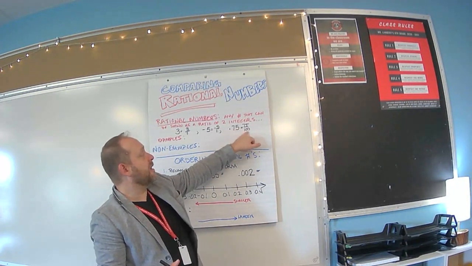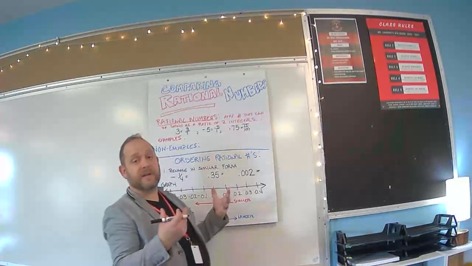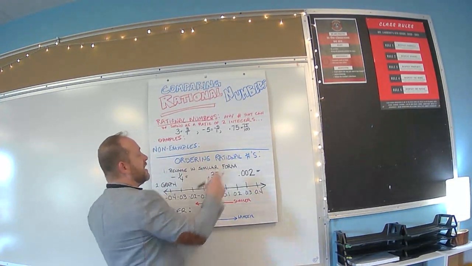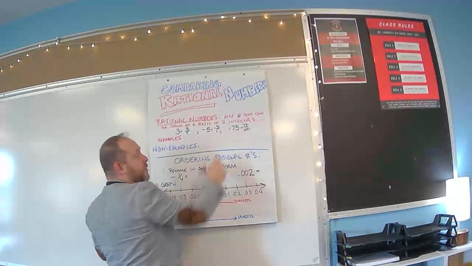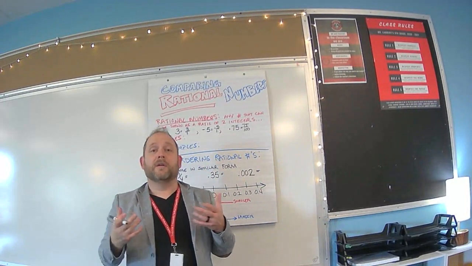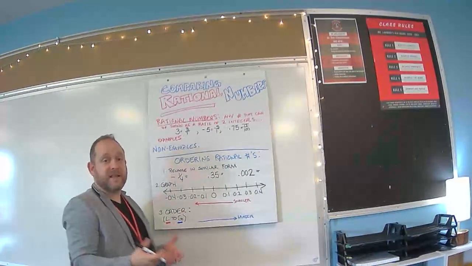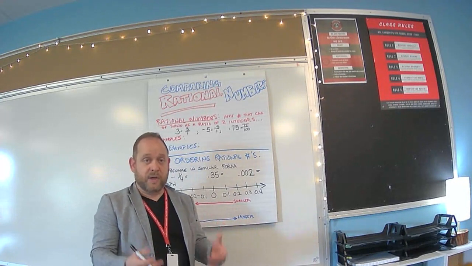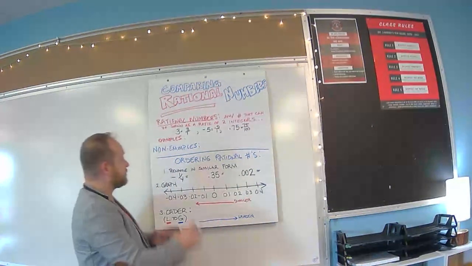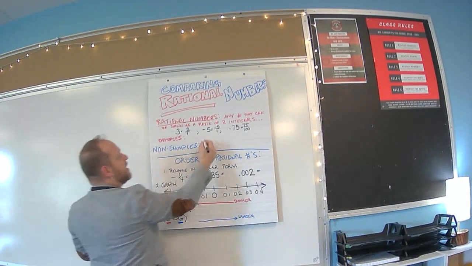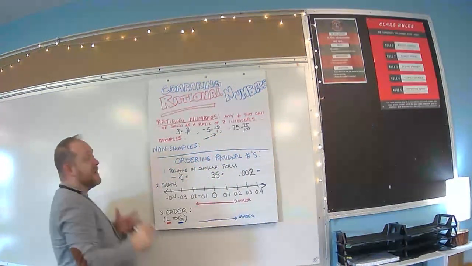This is 75 hundredths, so 75 over 100. Easy breezy. As you can see here, fractions, of course, are also rational numbers because they are automatically a ratio of two integers. So those are rational numbers. These will be your examples up here.